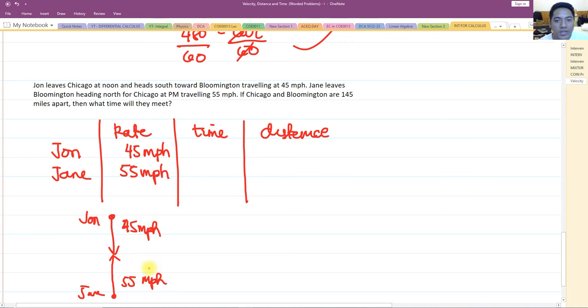So the question is, at what time will they meet? Certainly they will meet. Their distance before they meet at the starting point is 145 miles. The problem is that John leaves Chicago at noon, so that's the reference time, 12 noon.